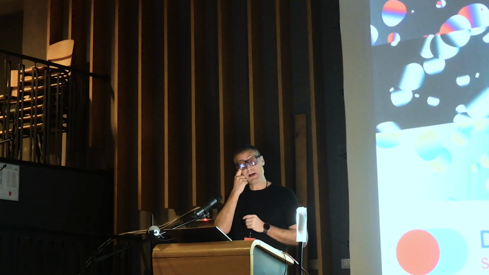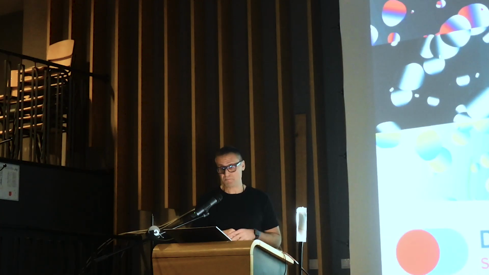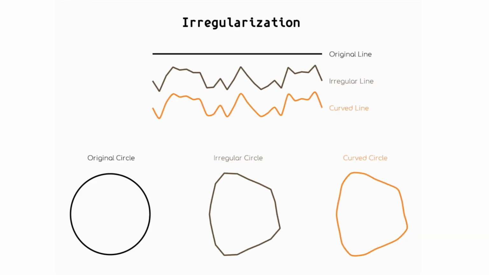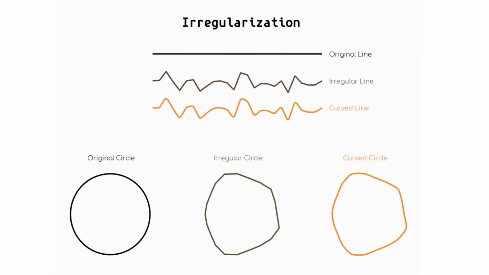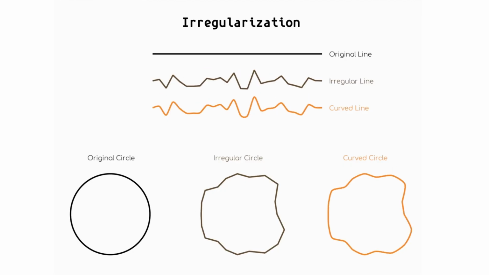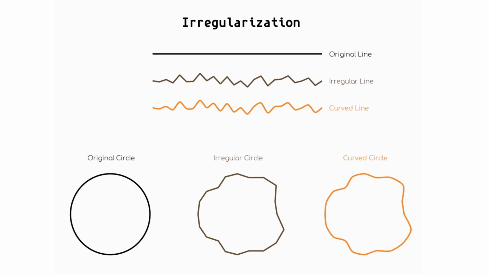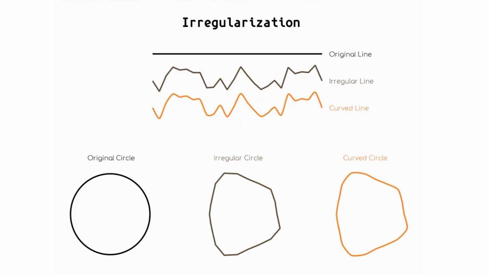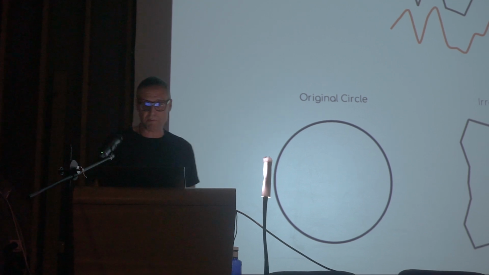So I irregularized all the shapes. Lines, circles, triangles, all were irregularized using randomness and noise, dividing the different vertices of the shapes and moving them a little bit. So that was important for me.